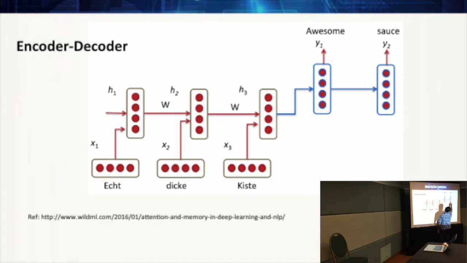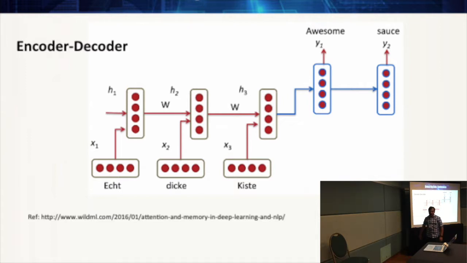And when you go to the next timestamp, y2 is dependent on the new hidden state of the decoder and also the hidden state of the encoder. The encoder is capturing all the inputs, so you need that. But the hidden state of the decoder is also required at every timestamp because it has to know what it has outputted till now.